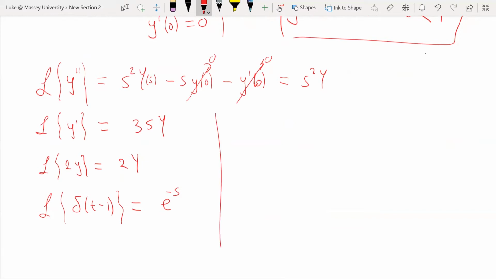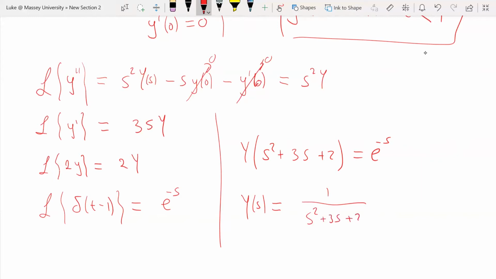So writing that into our differential equation, I can pull out a common factor of Y and write this as Y times (s squared plus 3s plus 2) is equal to e to the minus s. Or in other words, Y of s, my solution in terms of s, is equal to 1 over (s squared plus 3s plus 2), all multiplied by e to the minus s.